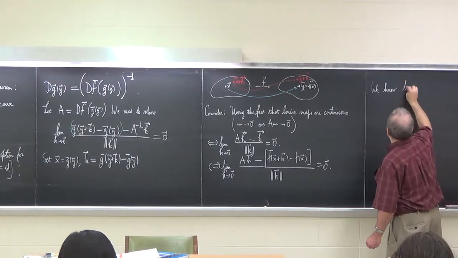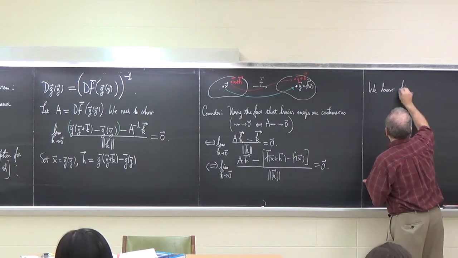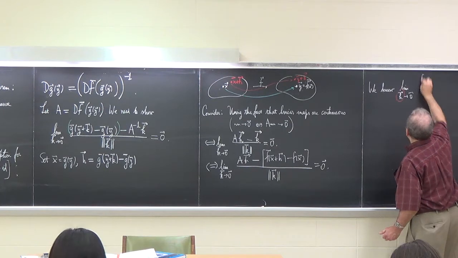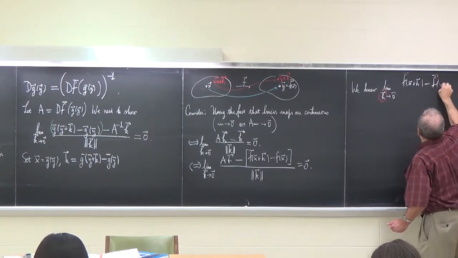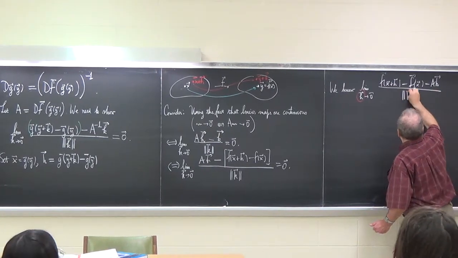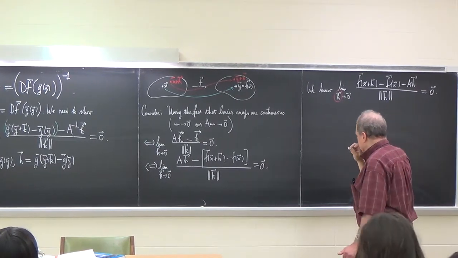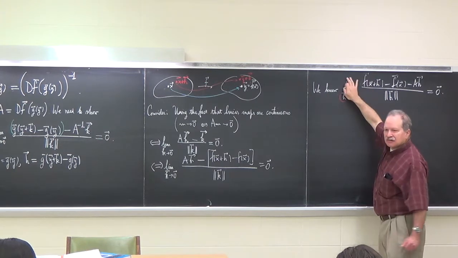We know the limit as h goes to 0 of f of x plus h minus f of x minus ah, over magnitude h, is 0. So let's for a minute not worry about this.